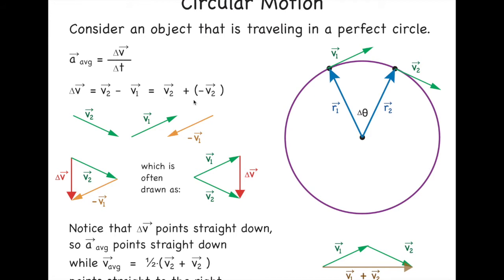Oh, this should be V1, sorry. Okay, I'm going to correct that. Hold on. All right, so I fixed it now so that it reads properly. V2 minus V1 is delta V.